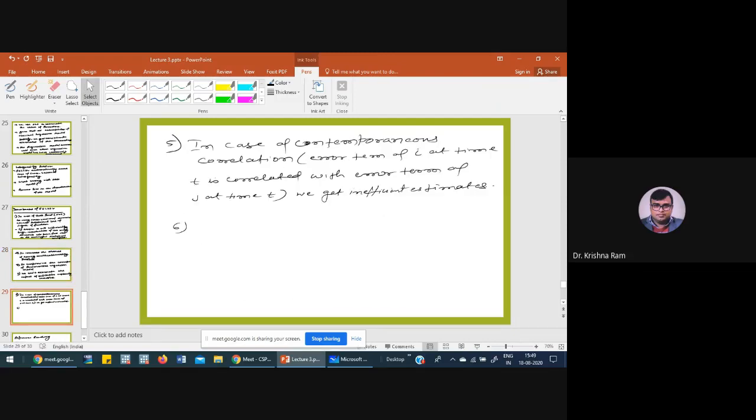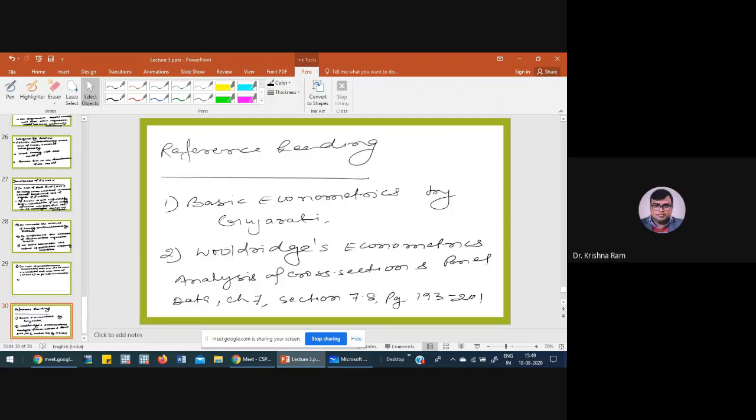One thing has been left: in the case of contemporaneous correlation, when the error term of i at time t is correlated with the error term of j at time t, we get inefficient estimates with fixed effect least square dummy variable. Contemporaneous correlation we'll talk about again when we work with the fixed effect model.